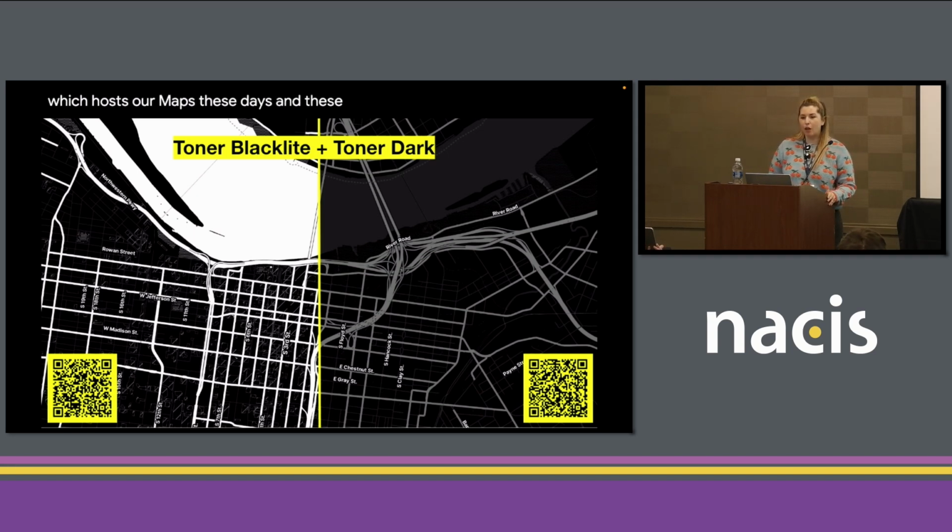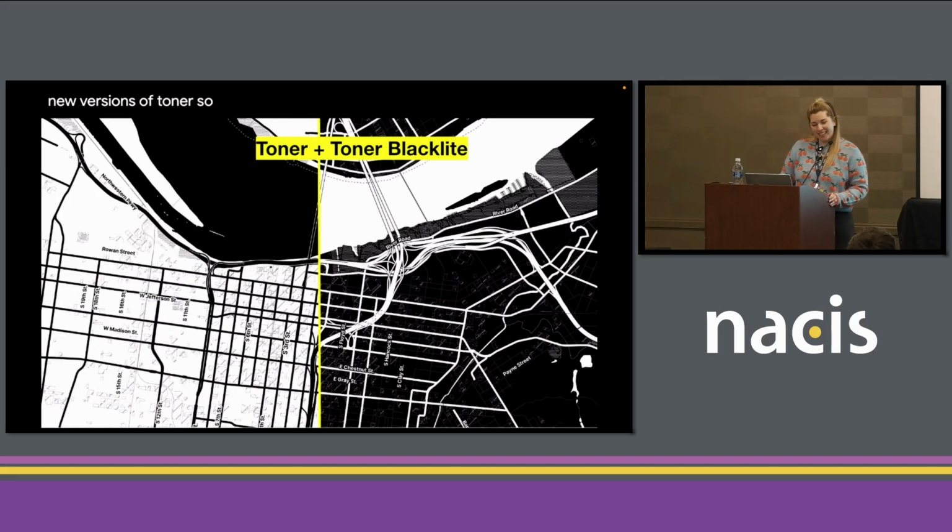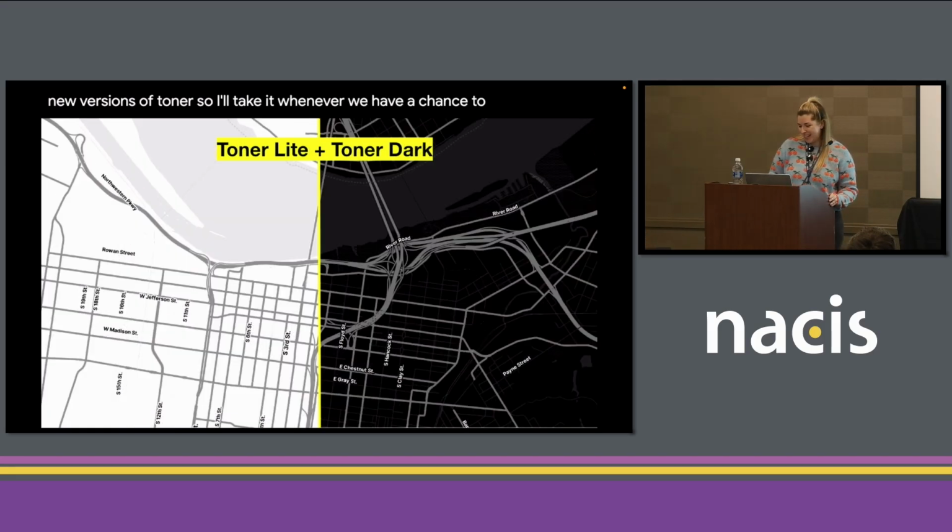And these are not a pure inverse of the original light versions of these maps, but I had to make some tweaks to make them work. But that was one thing that motivated this talk in the first place. We were like, what if we could do this? And it gave us a good excuse to make new versions of Toner. So I'll take it whenever we have a chance to do it.